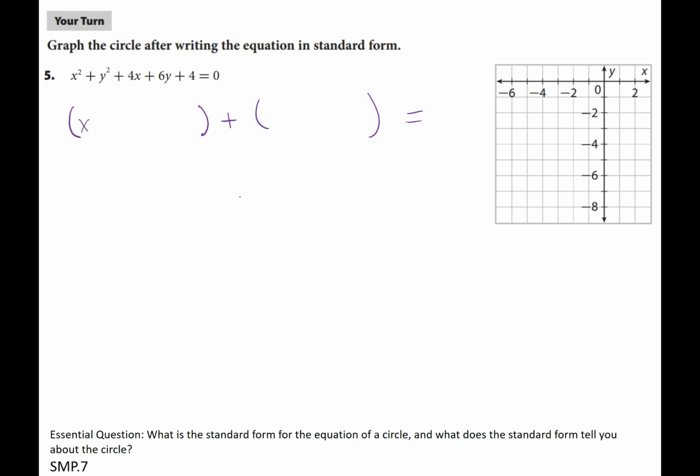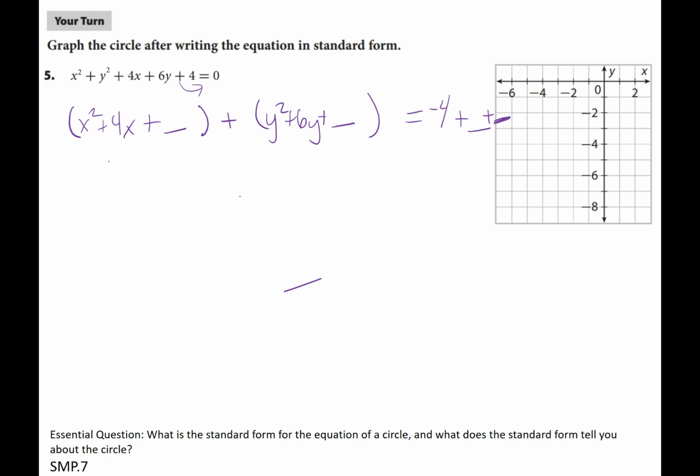So I've got x squared plus 4x plus blank. And if I have a plus blank on the left, I got to put it on the right. And then I've got y squared plus 6y plus blank, and I have another plus blank on the other side. And then to move that 4 over, we would subtract it.